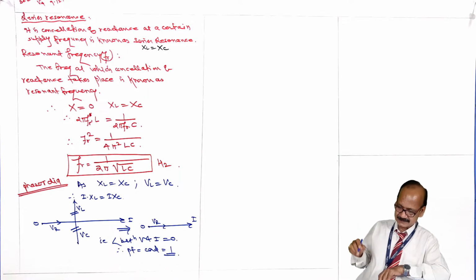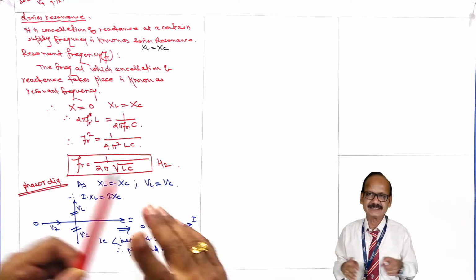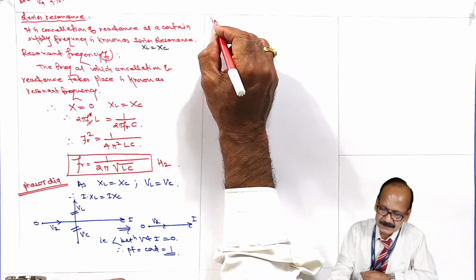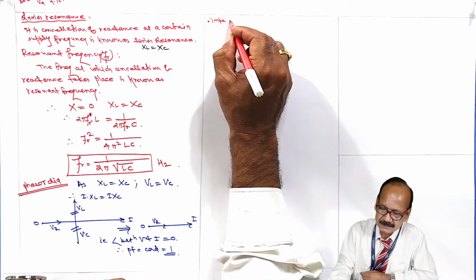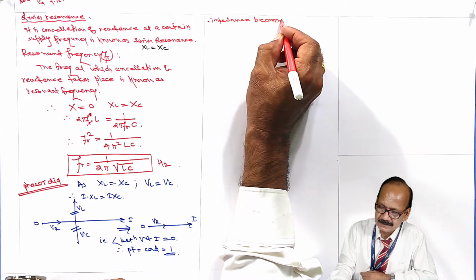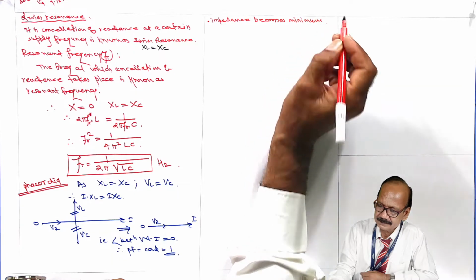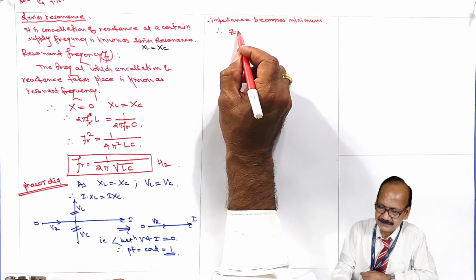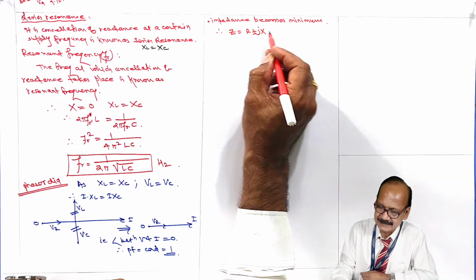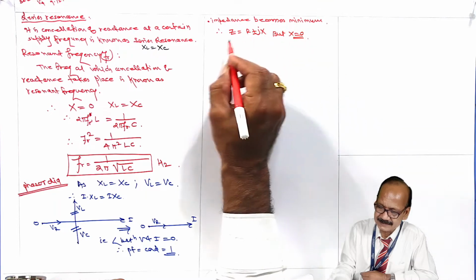So at resonance power factor is unity, and as there is a cancellation of reactance, impedance becomes minimum. Therefore, Z equal to R plus or minus jX, but X equal to 0, net reactance is 0.